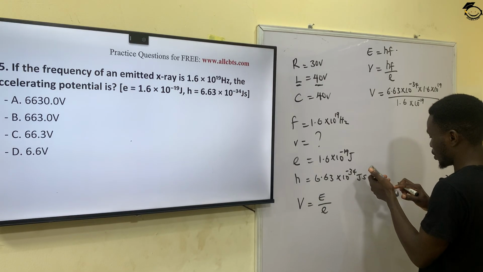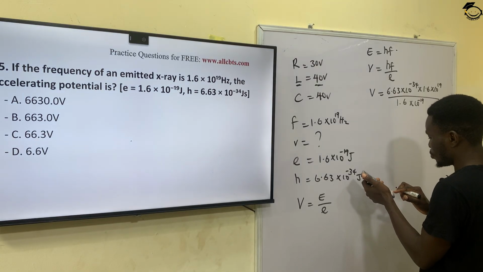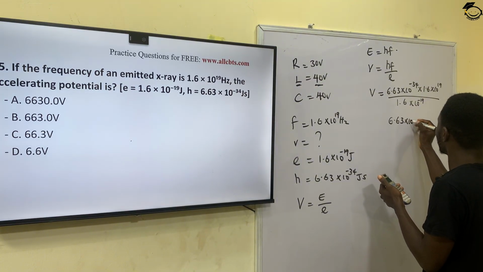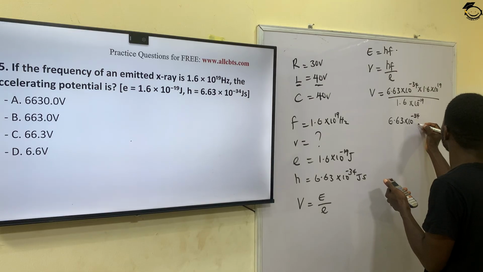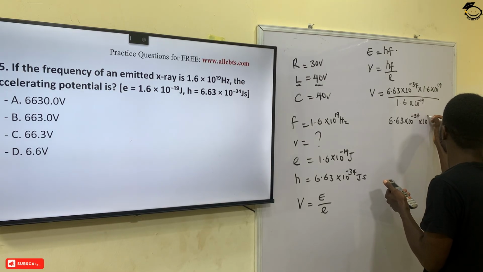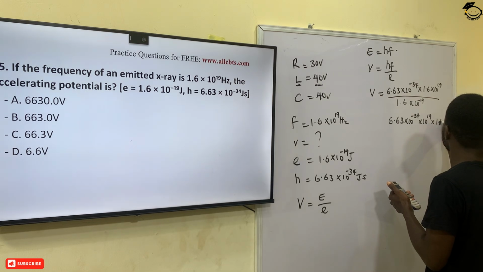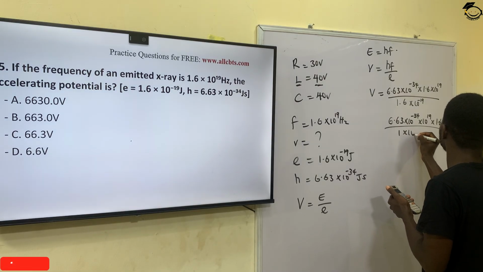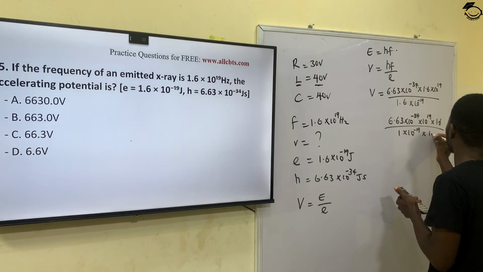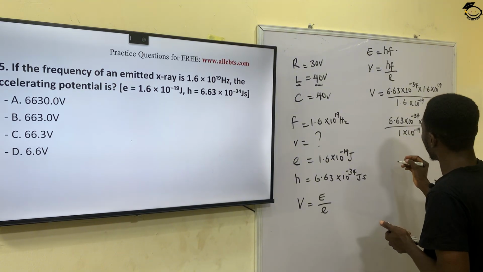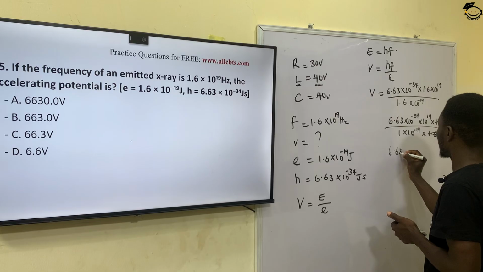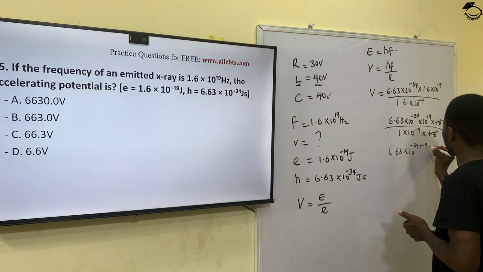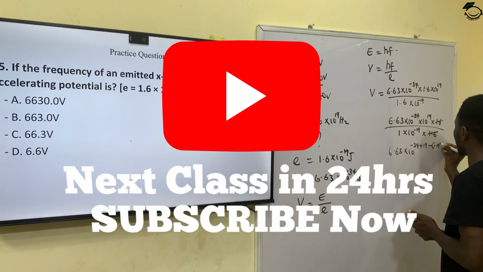So I have 6.63 times 10 raised to power minus 34 times 10 raised to power 19 times 1.6 divided by 1 times 10 raised to power minus 19 times 1.6. So 1.6 will cancel out 1.6 from here. So I'll have 6.63 times 10 raised to power minus 34 plus 19 minus 19.